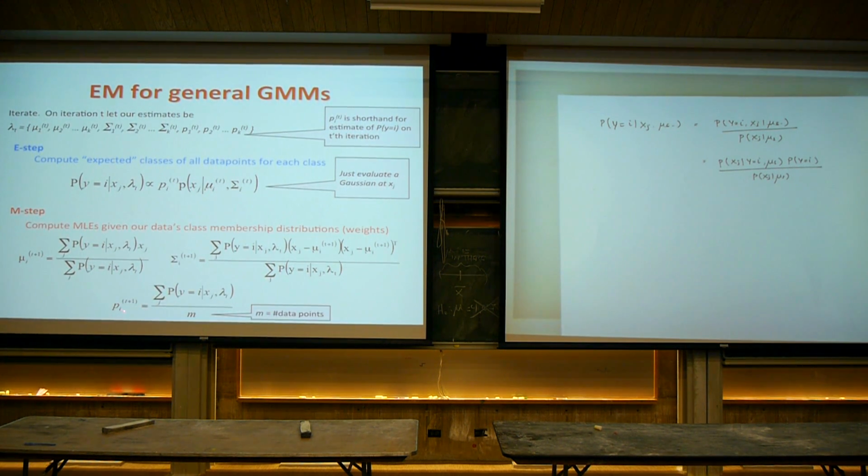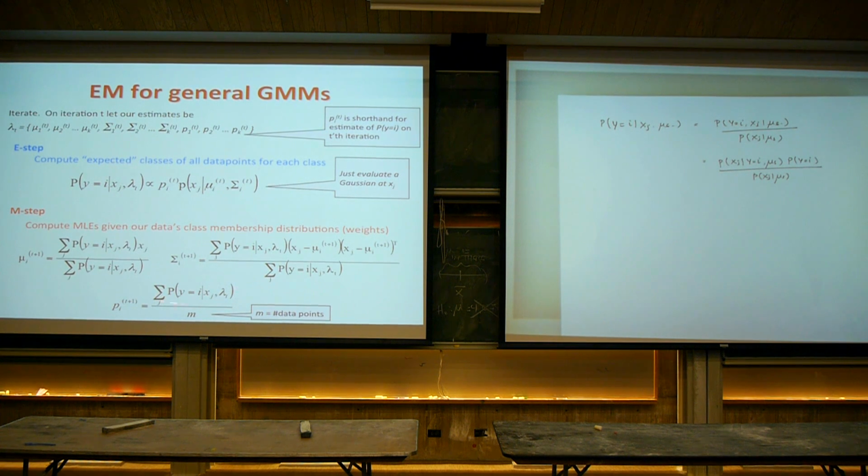And similarly, we also need to update our mixture proportions. So for the mixture proportions, again, if these were class priors where you knew the labels, you would just say, of all my points, how many are of this class? Now, we don't know how many are of a class, but we know the probability of a point being of a particular class.